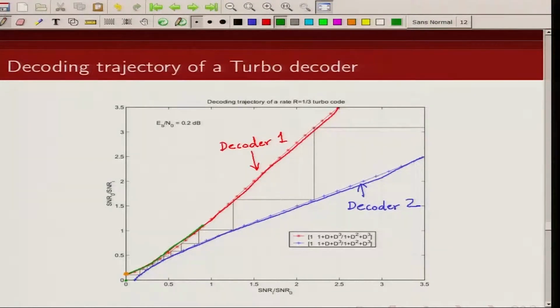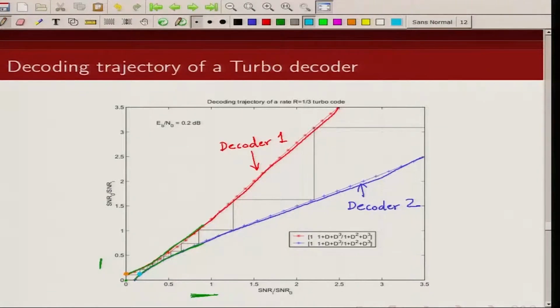We will now look at this curve, which is the transfer characteristics of decoder 2. For decoder 2, this side is input and this side is output. So, we look here and we look horizontally. This is the point corresponding to SNR out for decoder 2.